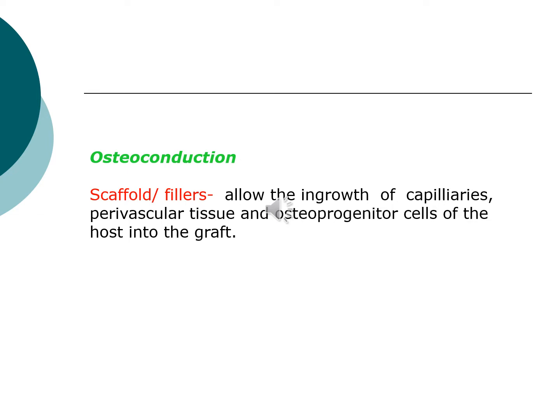But as such, they don't have any vital osteoblasts like bone grafts with osteogenesis property, nor any growth factors like grafts with osteoinduction property. They are just synthetic materials which are used to preserve the space and help in formation of new bone.